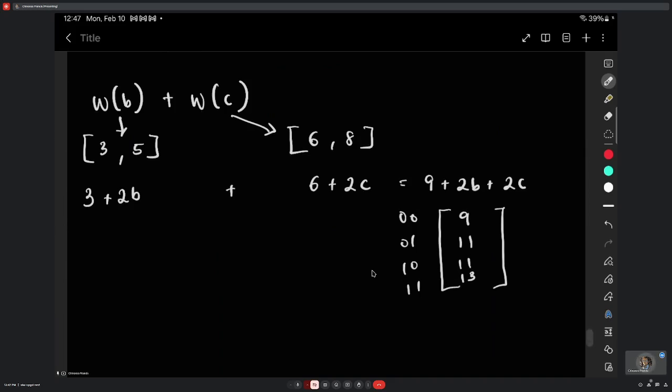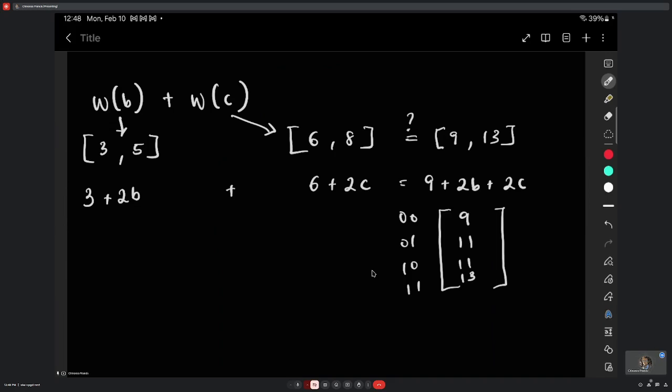Normally, if we did not know that the two of them were different variables, we would have just added and gotten 6 plus 3, 9, and 8 plus 5, 13. But this is not correct. When we add both of them, we're actually meant to get a polynomial in 2 variables.